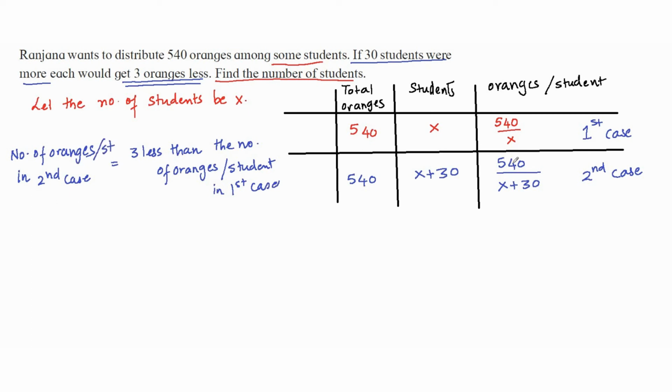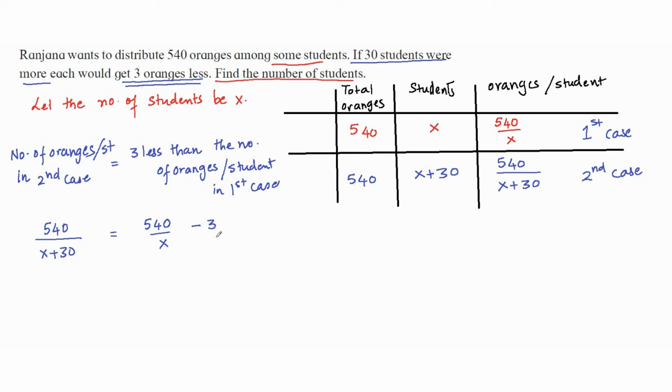So oranges per student is what we are discussing. This means the number of oranges received in the second case, that is 540 upon x plus 30, is 3 less than the number of oranges received in the first case, that is 540 by x minus 3. So now again I am going to solve the quadratic equation over here.